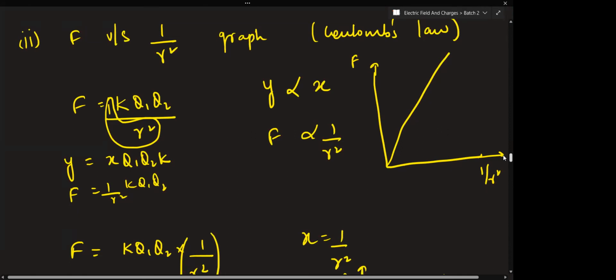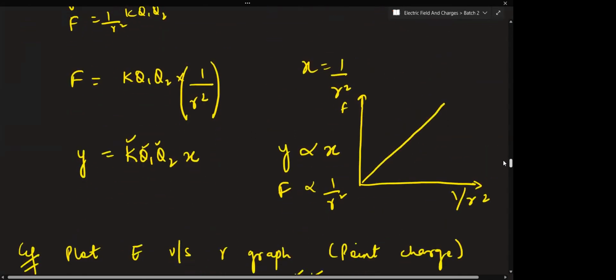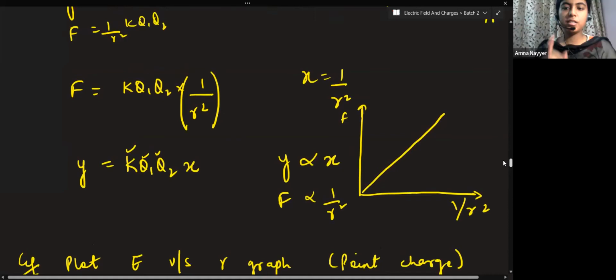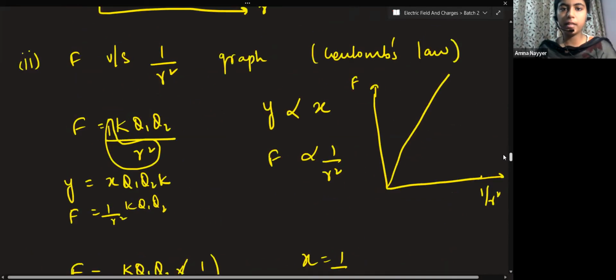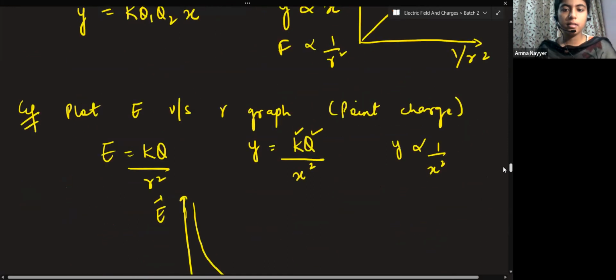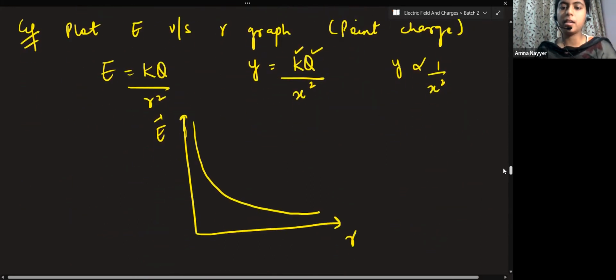Okay, can you scroll a little bit? This is just the repetition I was telling you. So don't copy this one if you have copied it. Straight away write it for electric field versus R.